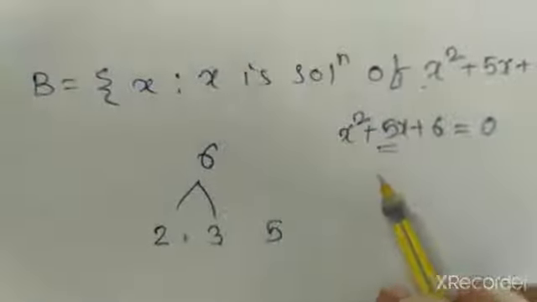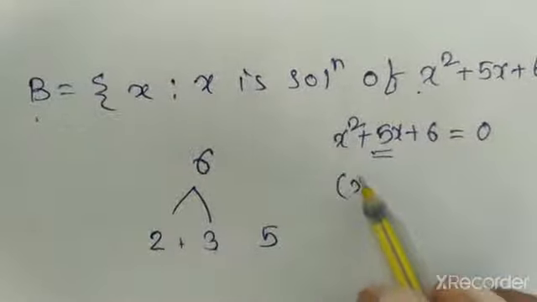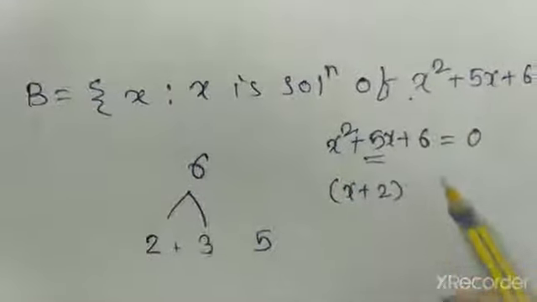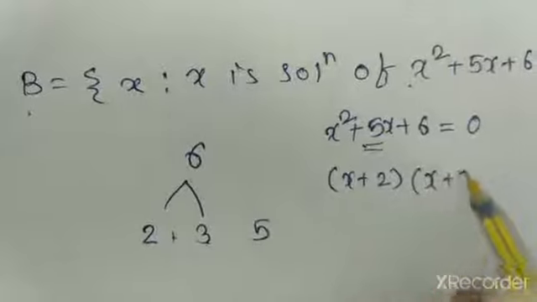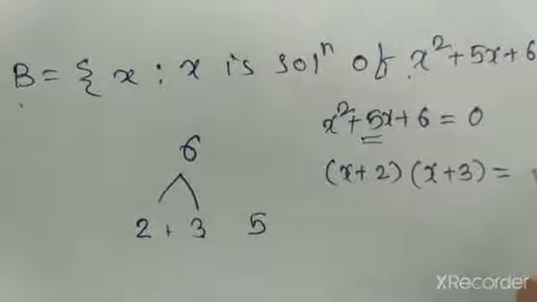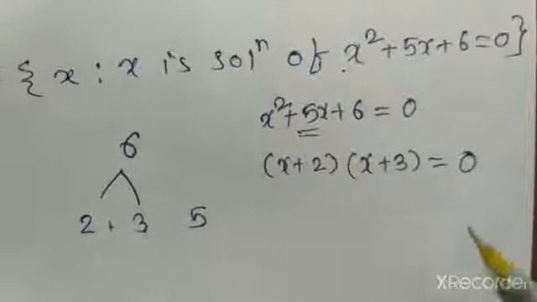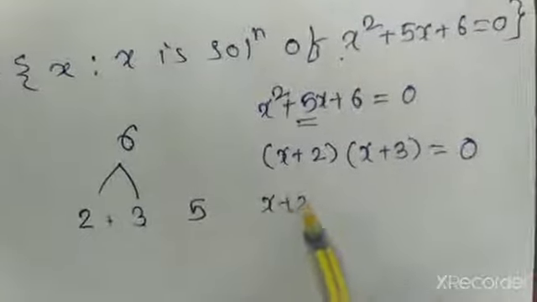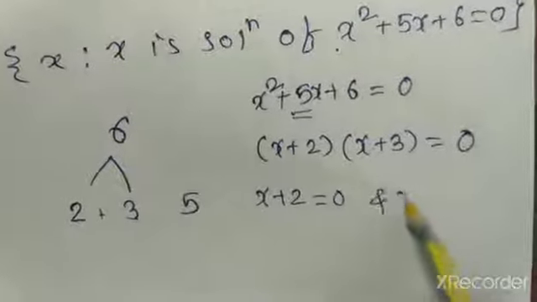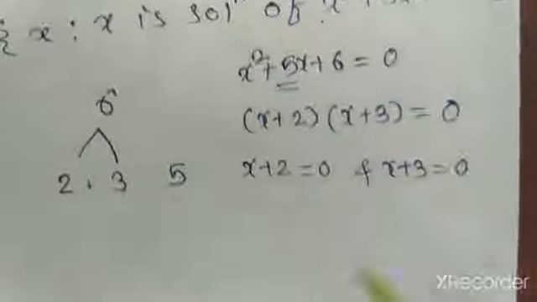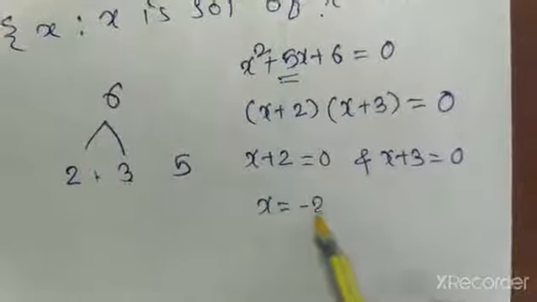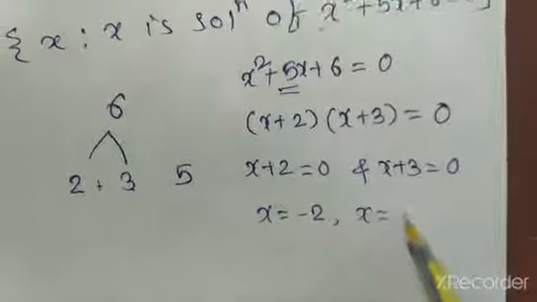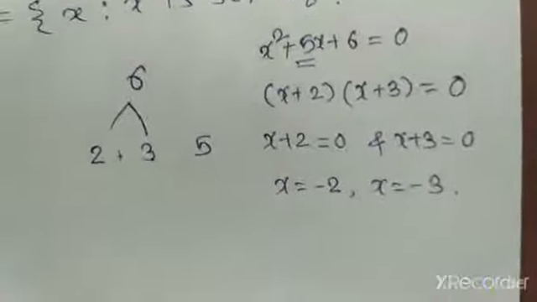So it can be written as (x + 2)(x + 3) = 0. So x + 2 = 0 and x + 3 = 0, which gives x = -2 and x = -3.